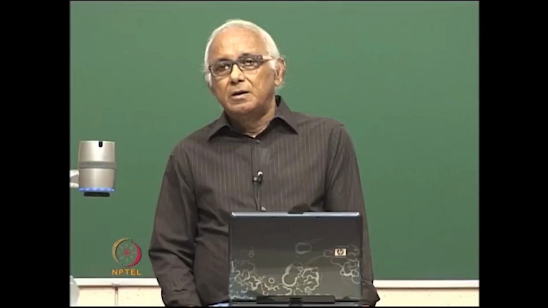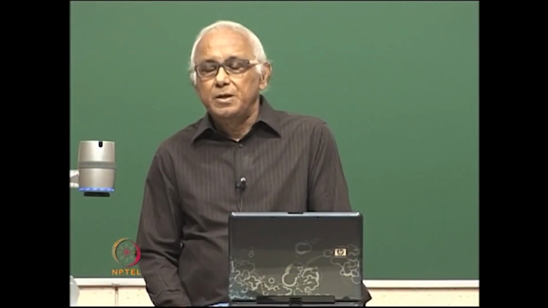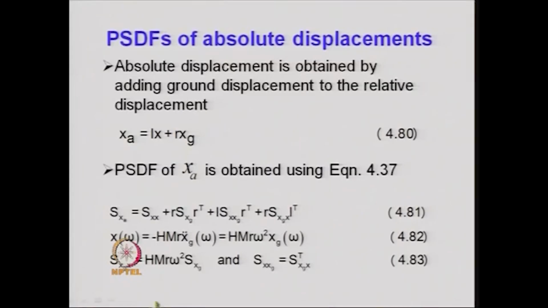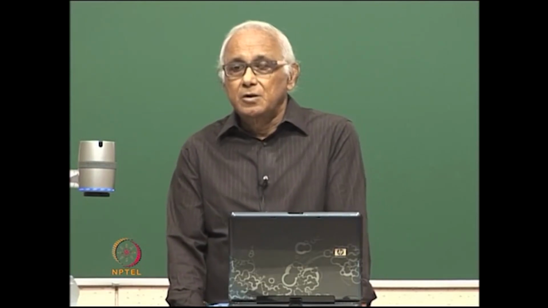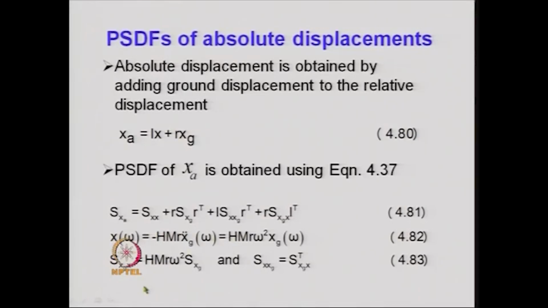Now, here the p omega is equal to m into r, and H is the H matrix. So, x omega vector is related to x double dot g vector, that is the ground acceleration vector, with the help of this relationship, and once we have this relationship, then x double dot g omega further can be written as omega square multiplied by xg omega.